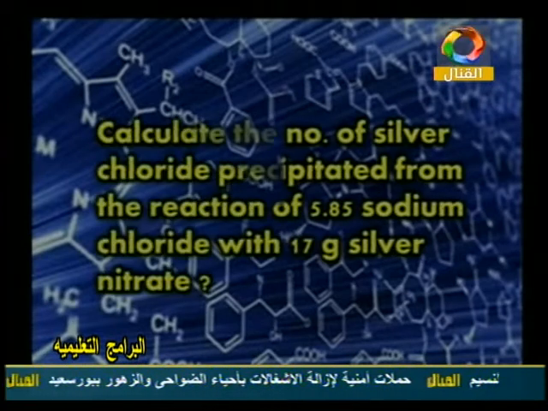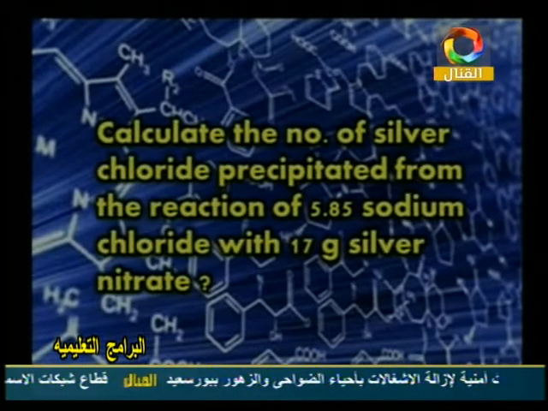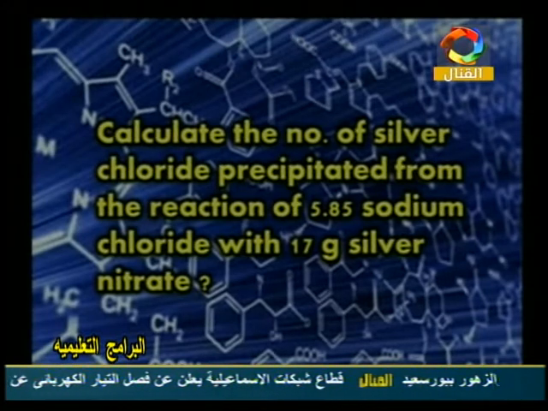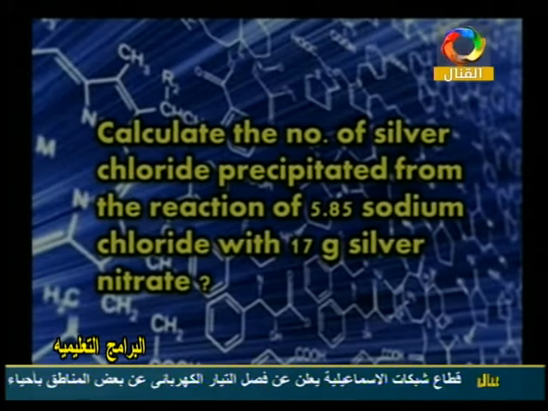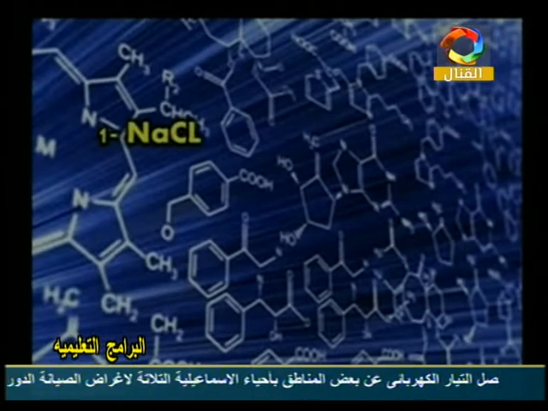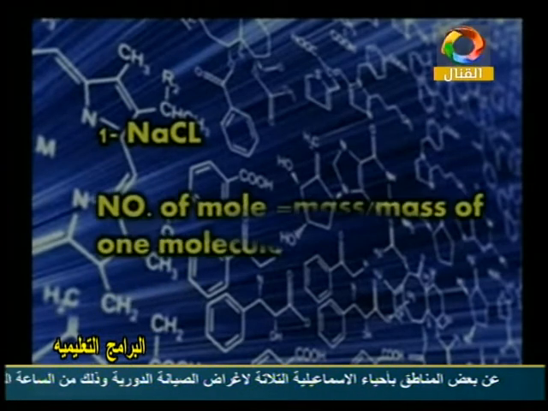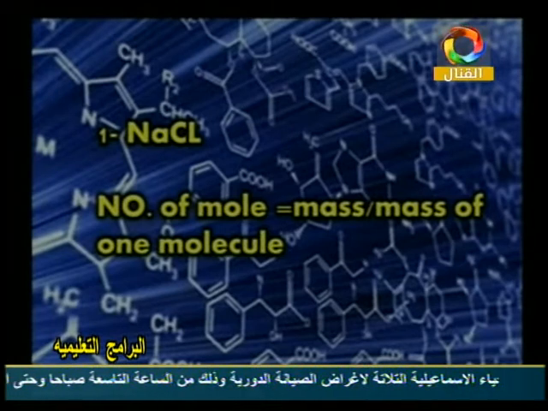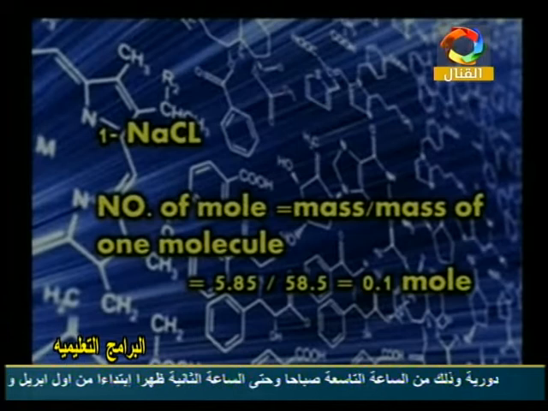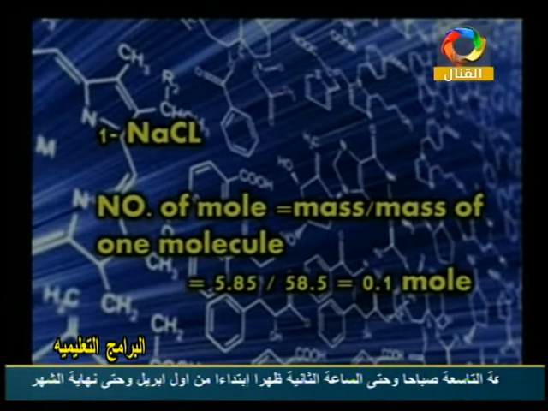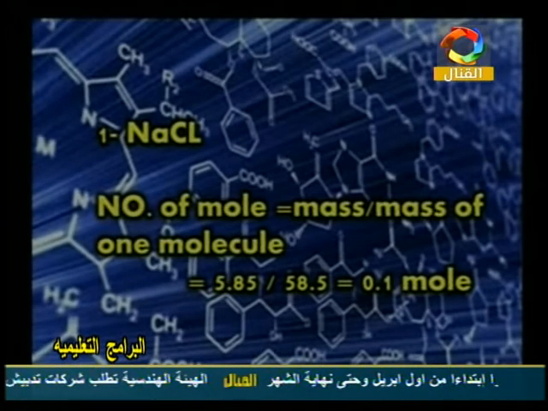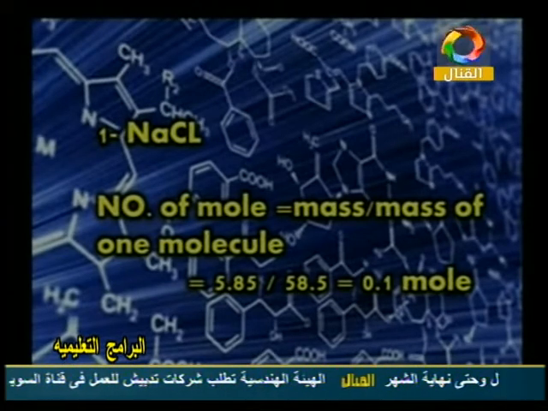The other one, tell me, calculate the mass of silver chloride precipitated from the reaction of 5.85 grams sodium chloride with 17 grams silver nitrate. The answer: for NaCl, the number of moles equals mass per mass of 1 mole, 5.85 per 58.5 equals 0.1 mole. This is for sodium chloride.